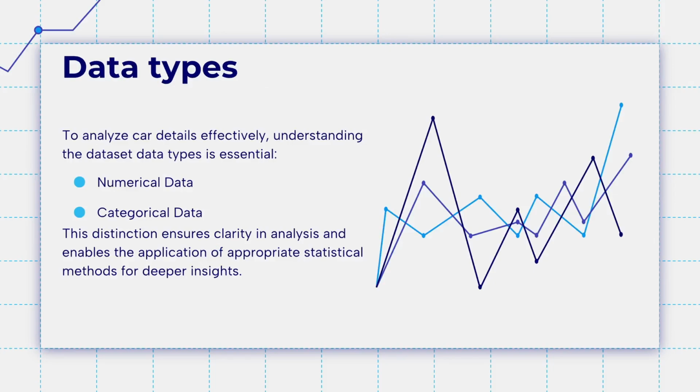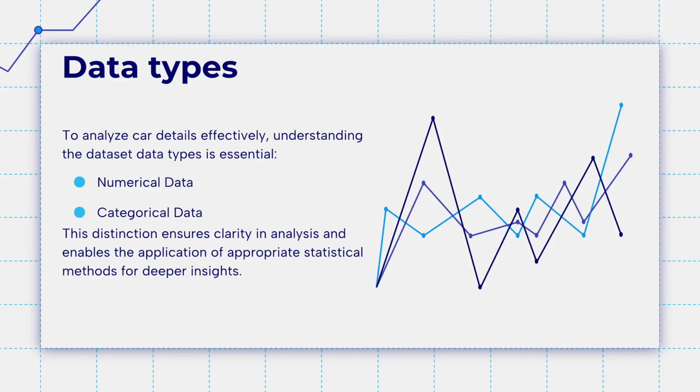To begin our analysis, we categorize the data into numerical and categorical types. This step might seem simple, but it's crucial. Numerical data like price, mileage, and year of manufacture involves measurable variables that we can analyze using mathematical and statistical techniques. For example, understanding how mileage correlates with price requires treating mileage as numerical data.